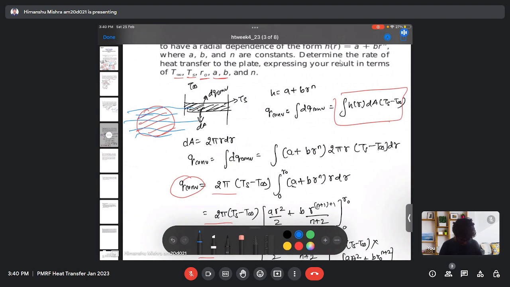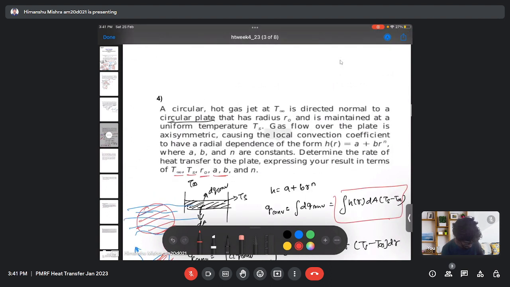For example, I'm drawing an inclined circular plate, and this is my normal, and there is a gas flow above the plate. The gas will be in contact with the entire circular cross-sectional area, which is pi r squared.